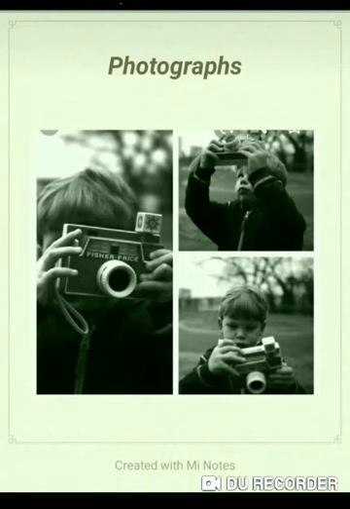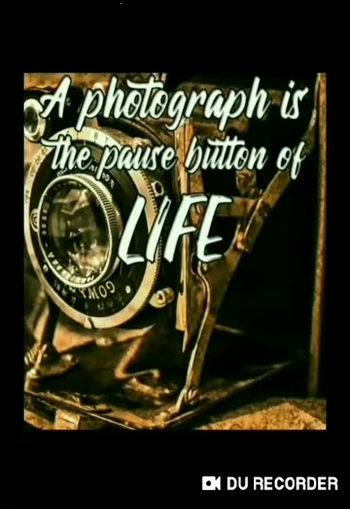Photographs. Photographs tell you the visual source of modern Indian history. A photograph is a pause button of life. Means whenever a photograph is taken, it creates a certain image of the particular event. In the case of the medieval period, paintings were available which depicted the physical features of a person.